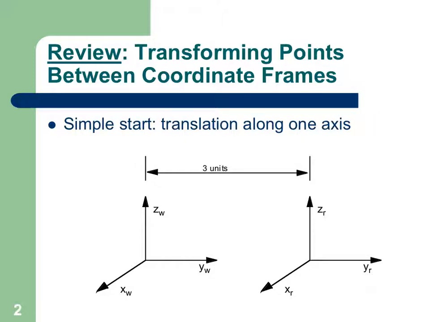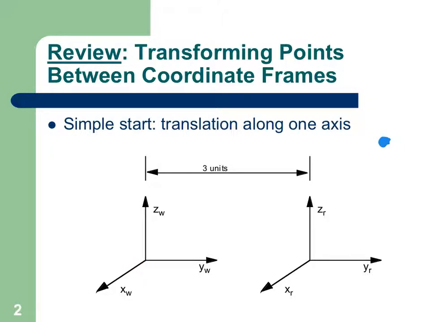And you can imagine that maybe we have a point located up here, and maybe I know the location of that point in world coordinates, and I want to find out what its location is in robot coordinates. Or maybe I know the location of that point in robot coordinates, and I want to figure out its location in world coordinates.